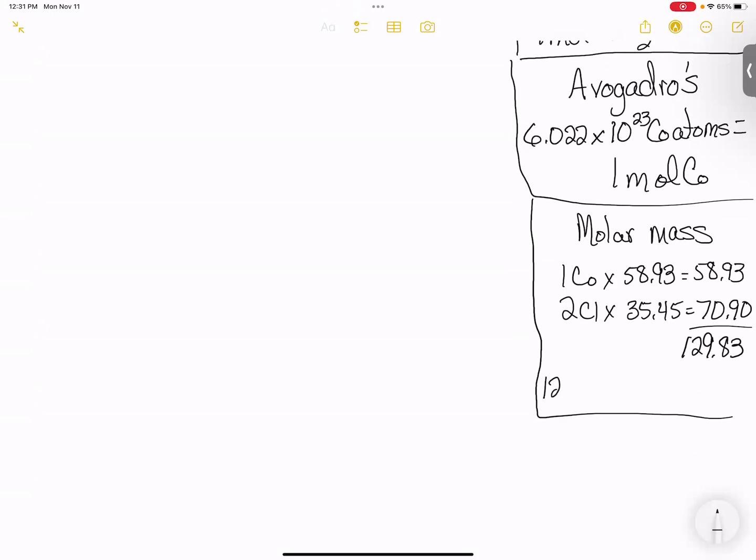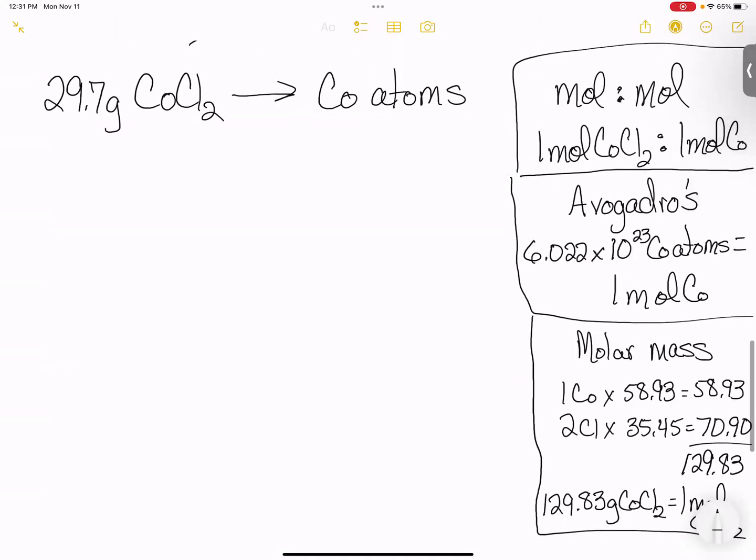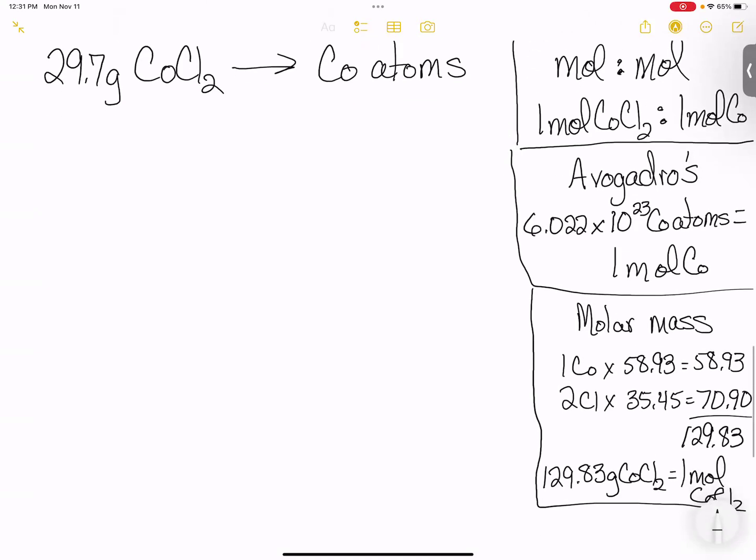That is 129.83 grams of cobalt chloride is 1 mole of cobalt chloride. Now we're ready to perform the conversion.